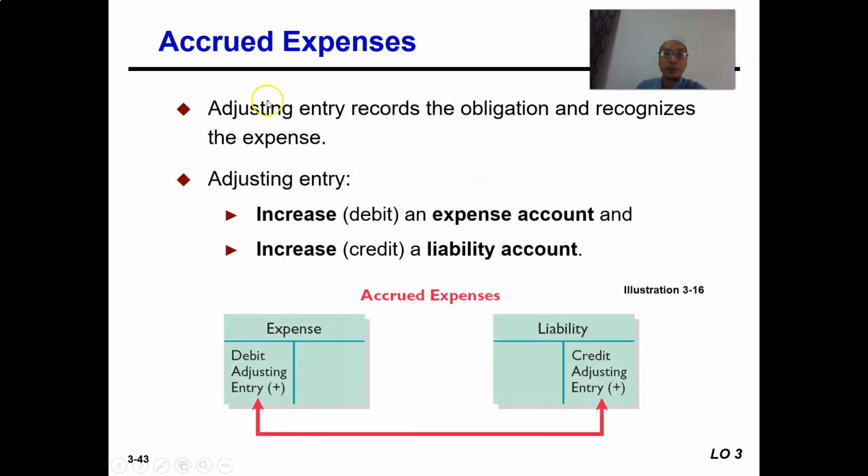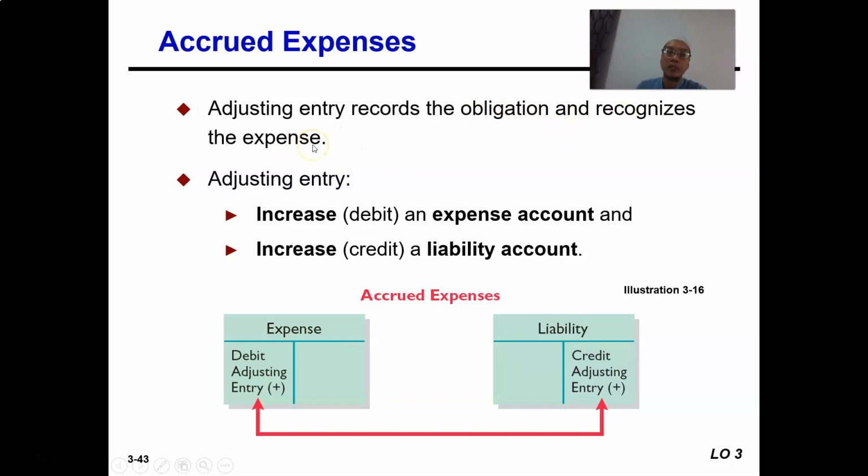So we have incurred the expenses, but we have not paid the money. In accrued expenses, we do the adjusting entry because we want to record the obligation. We want to recognize that we have an obligation to the other party, in other words, the liability. We want to record the liability, and we want to recognize the expense because we have actually incurred the expense, but we have not done any recording.